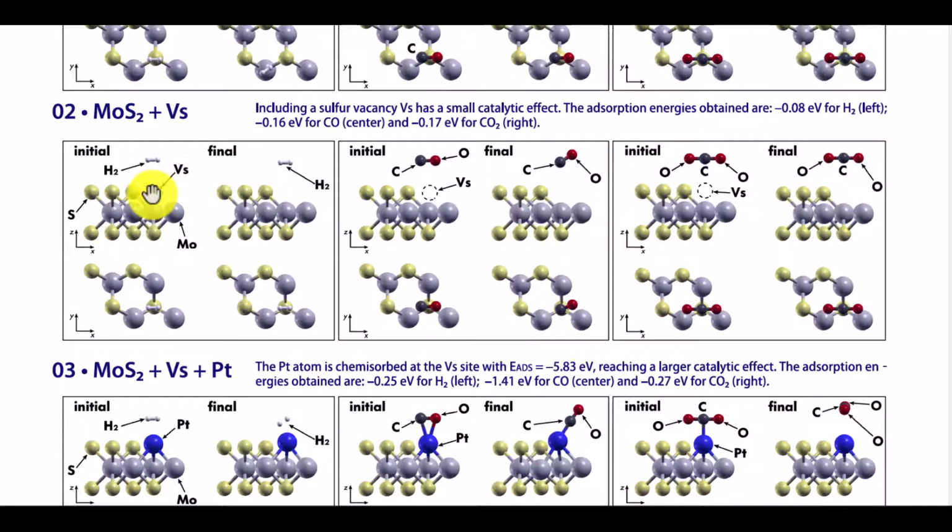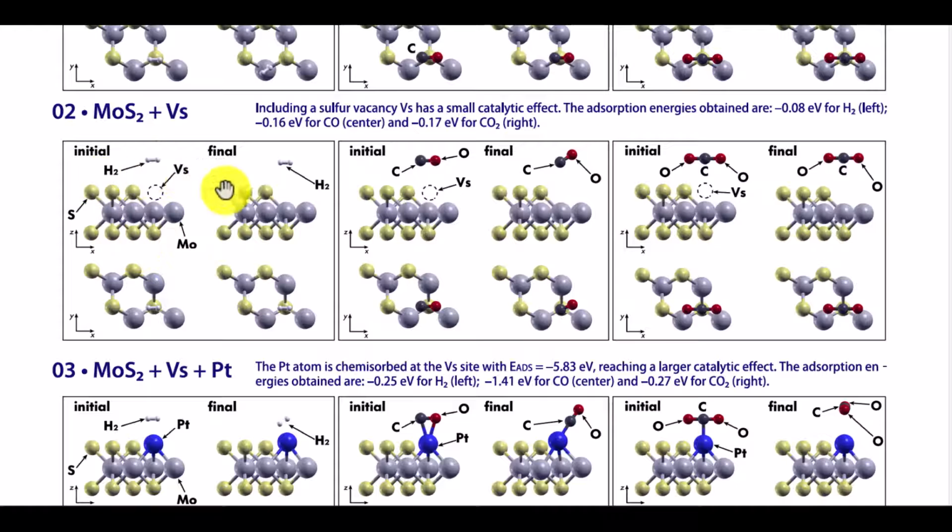because in the next case we removed that sulfur atom, creating in that way a sulfur vacancy, also labeled V sub S. The creation of the vacancy, which experimentally is sufficiently easy to generate, has a small catalytic effect in the interaction with the three molecules.